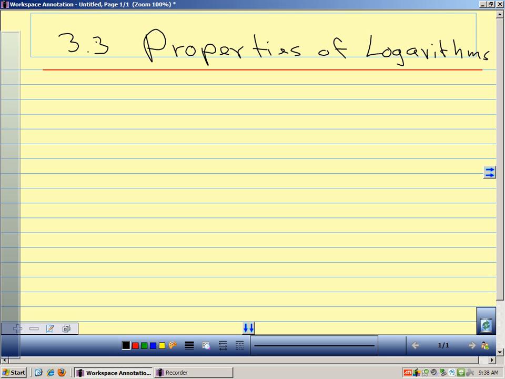So if we have A, B, and x, and all three are positive, and we have A is not equal to 1 and B is not equal to 1.